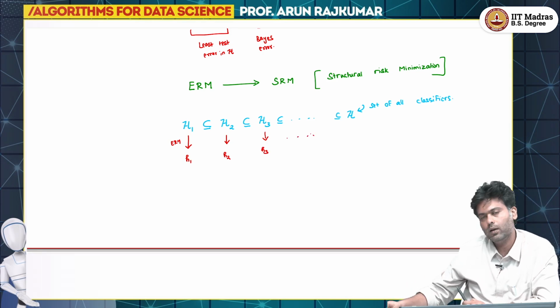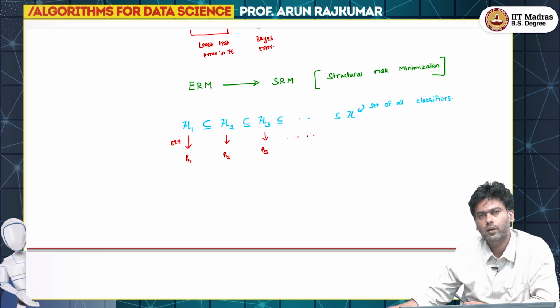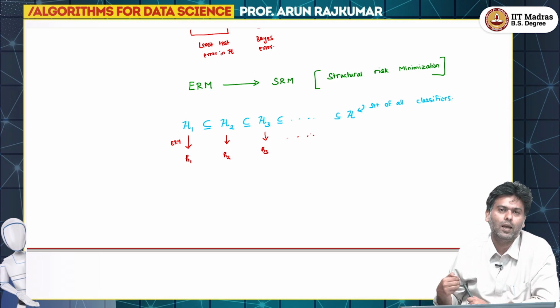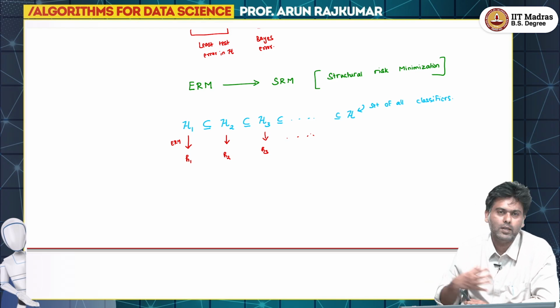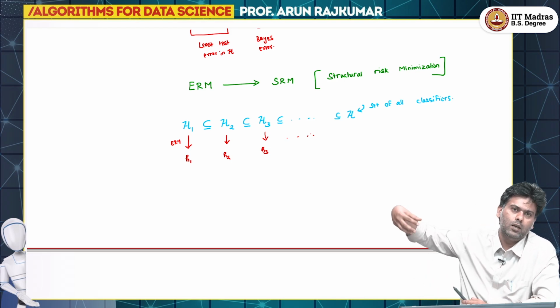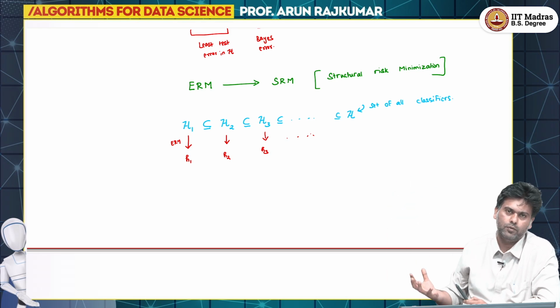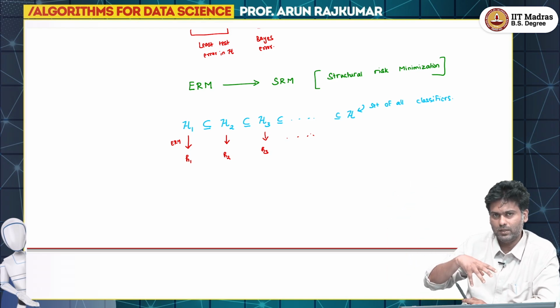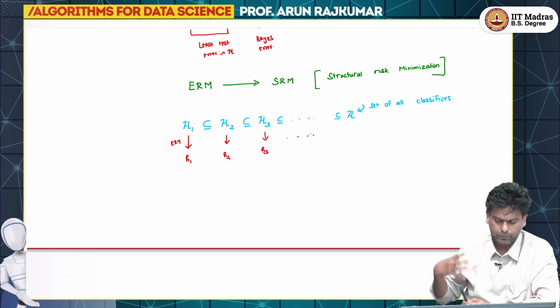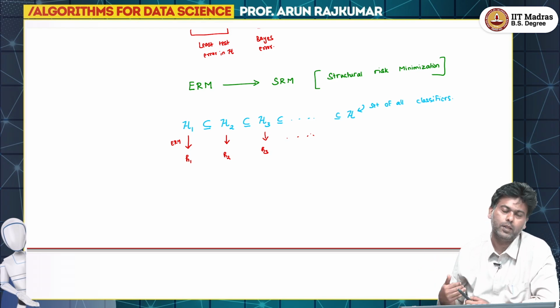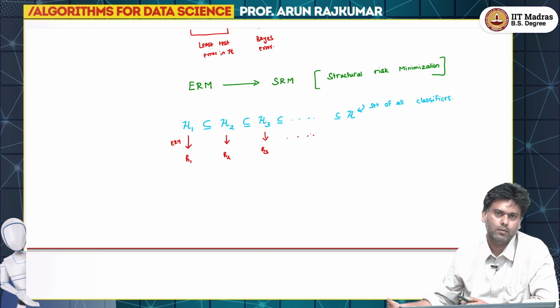Now, as H becomes more and more complicated, of course, my training error is going to go down, because H2 contains H1, which means that if I am searching in a larger space of classifiers, I am going to get a classifier which potentially has lesser training error, because I am doing ERM there as well. So, the train error goes down, but then the complexity of these classes keeps increasing.